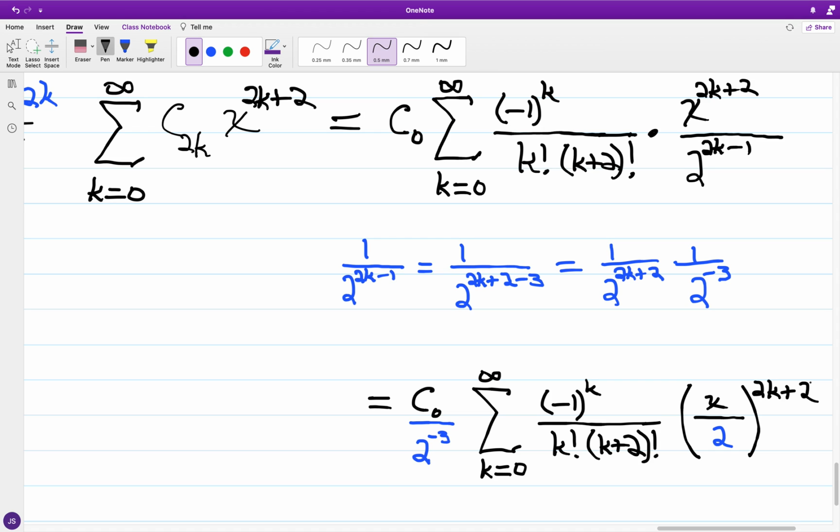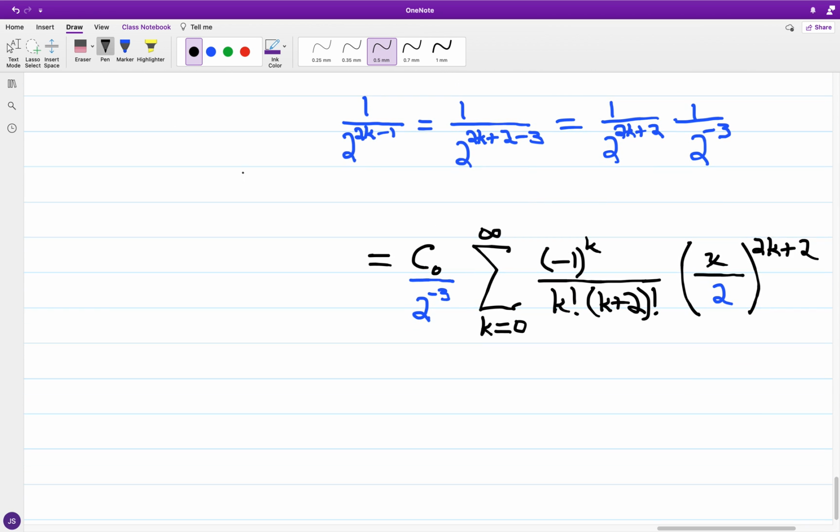Okay, and just kind of mention, we have for this part C naught over 2 to the negative 3.